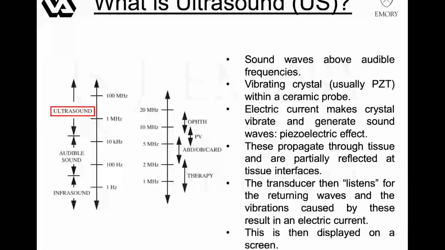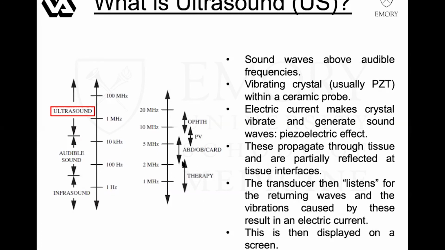Ultrasound is basically sound waves above the audible frequency. Anything between 20 hertz and 20 kilohertz is what you can hear. Ultrasound frequency is above 20 kilohertz, but most clinically useful ultrasound is between the 1 and 20 megahertz range. To give you some idea of range, 1 to 2 megahertz is all the therapeutic ultrasound.